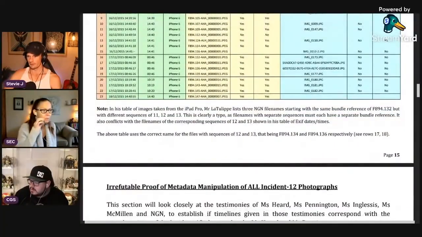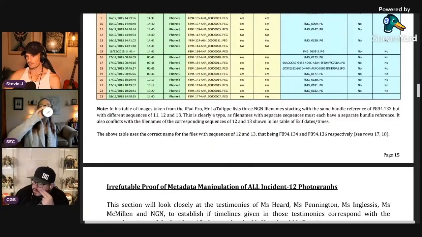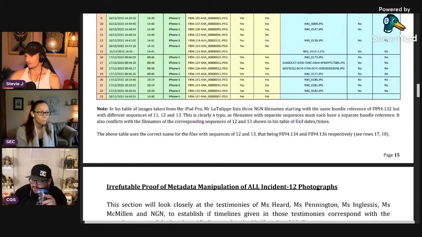Sure. In his table of images taken from the iPad Pro, Mr. Timmy lists 3 NGN file names starting with the same bundle reference of F894.132, but with different sequences of 11, 12, and 13. This is clearly a typo, as file names with separate sequences must each have a separate bundle reference. It also conflicts with the file names of the corresponding sequences of 12 and 13, shown in this table of EXIF date and times.